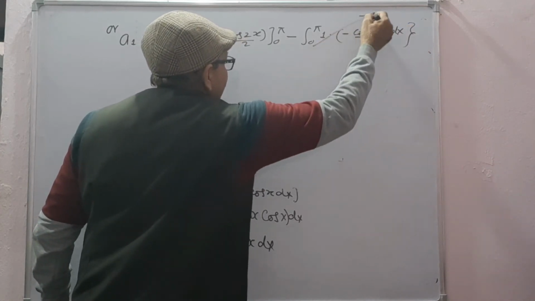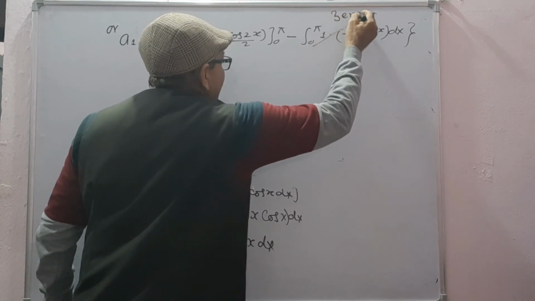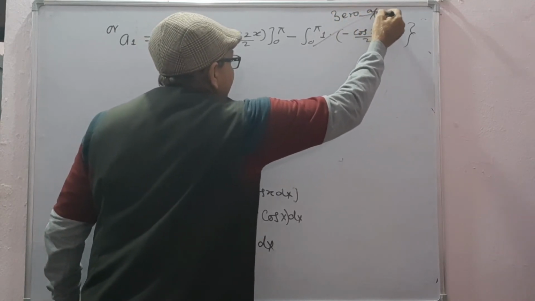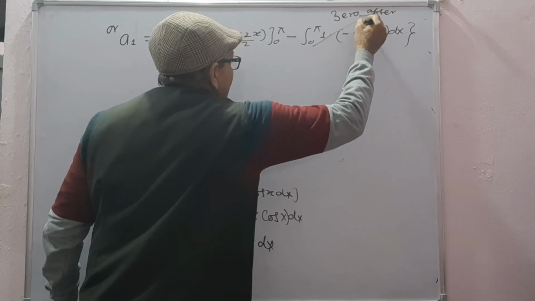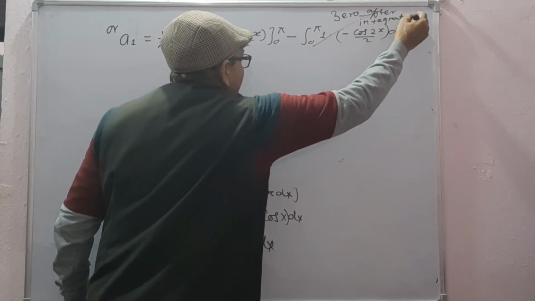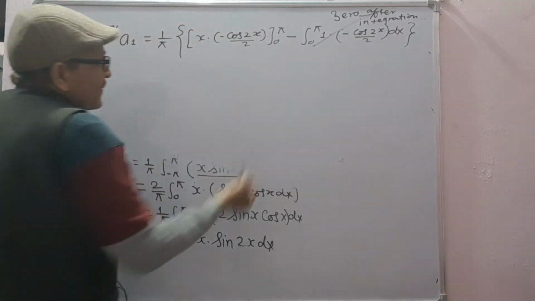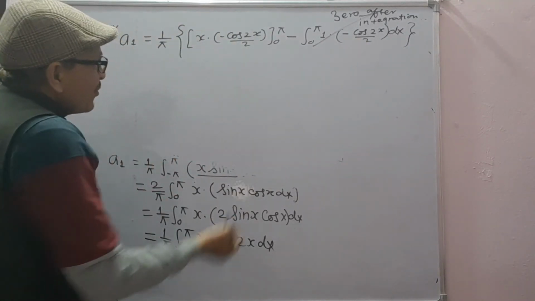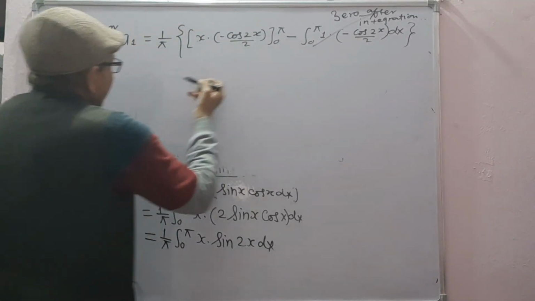This gives 0 after integration, because this gives a sin 2x term which will be 0 for both limits.